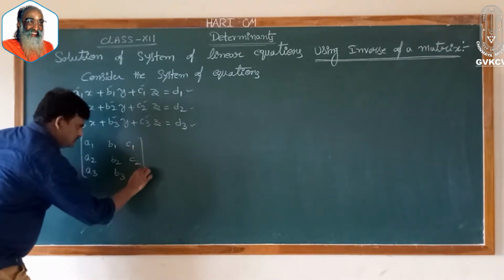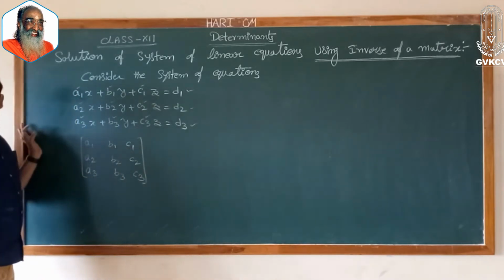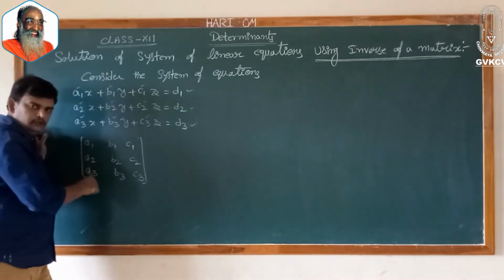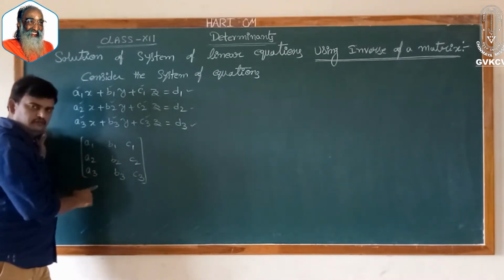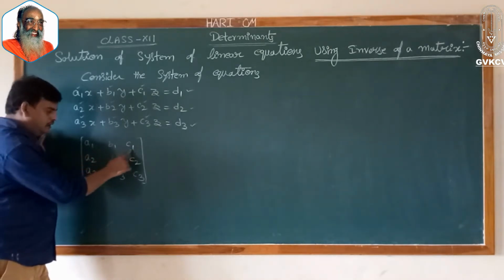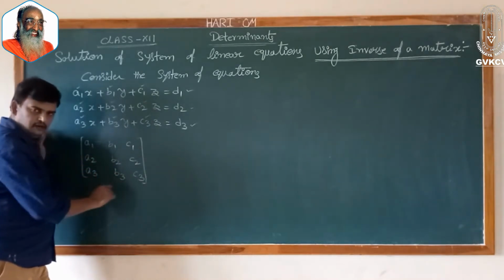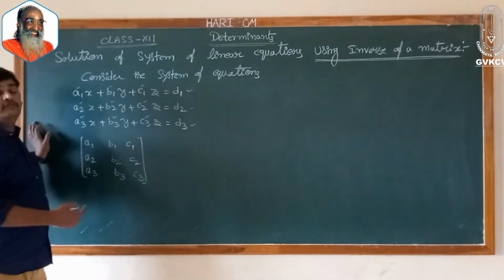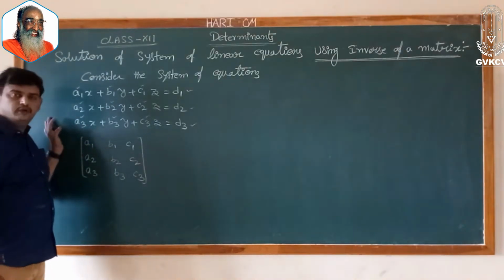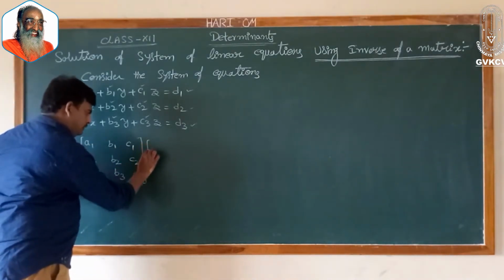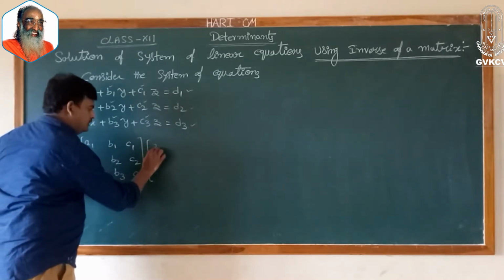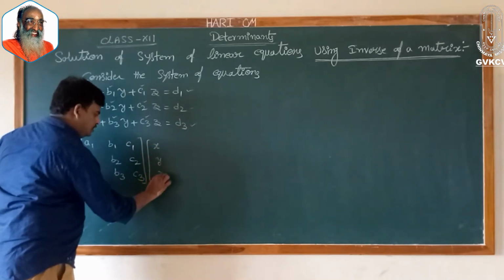So this is one square matrix we have. By collecting all the coefficients of the variables, we are getting a square matrix. Now what are the variables we have? x, y, z. Now all variables we consider as a column matrix.